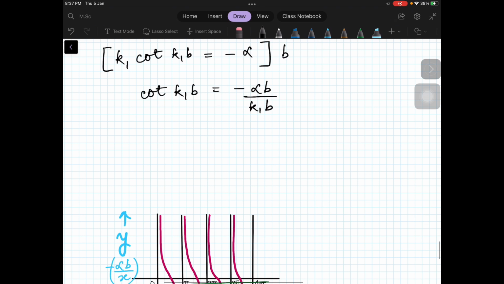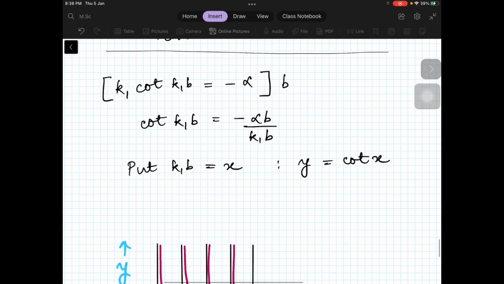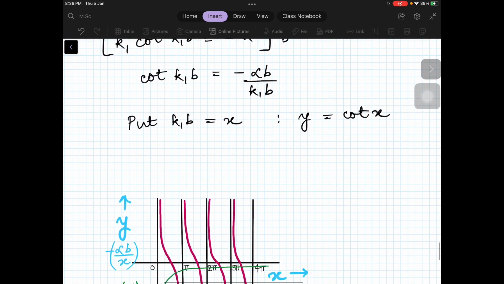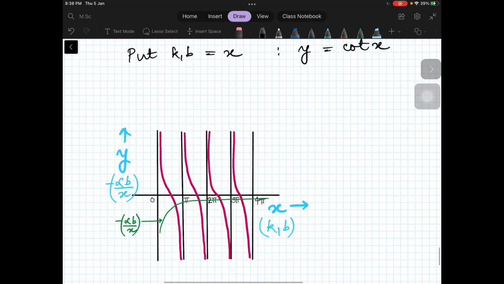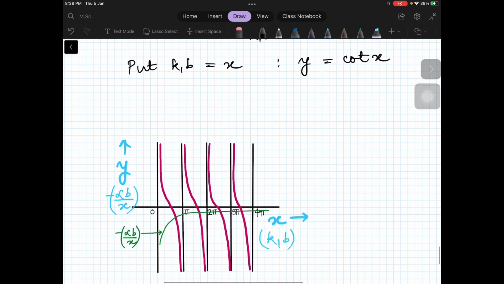Okay, so we can put K1b to be equal to X, and we can write this equation as Y is equal to cot X, so we can get an equation in X and Y. So this is a diagram which I have tried to draw, wherein Y is equal to cot X and X is equal to K1b, or we could write Y is equal to minus alpha b over X.